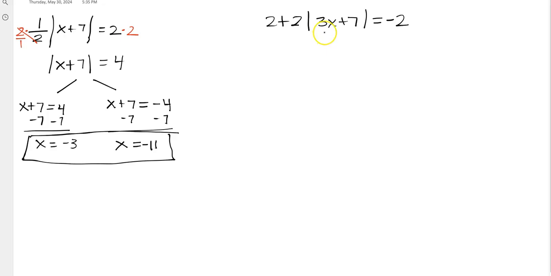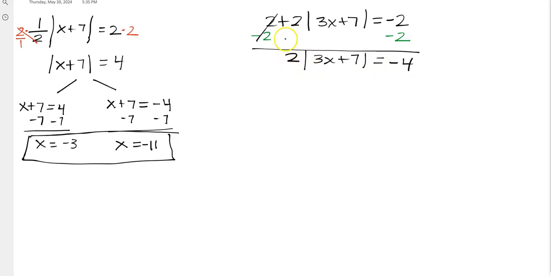We're undoing the order of operations, so we need to start by subtracting this 2 over first. That gives me 2 times the absolute value of 3x plus 7 equals negative 2 plus another negative 2, which is negative 4.